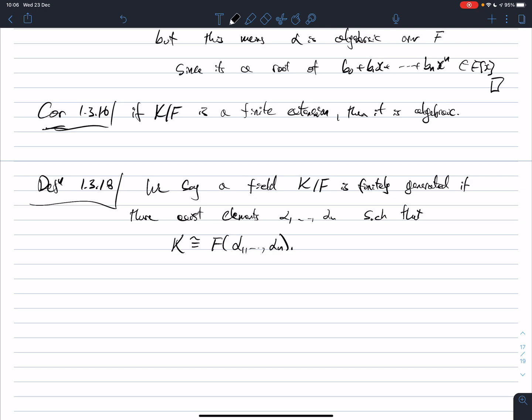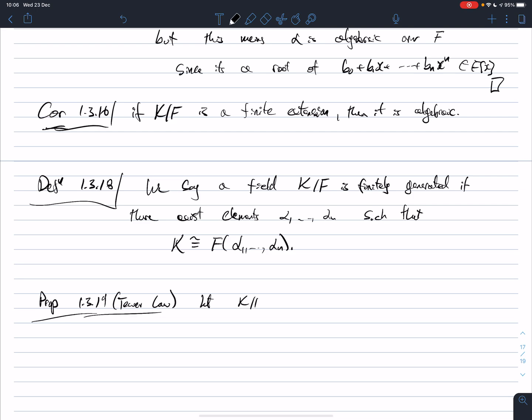So now here's a proposition which you might know if you've done Galois theory, or you might have seen in other guises. I'm not going to prove it, but we'll use it extensively. This is the Tower law, which says the following.